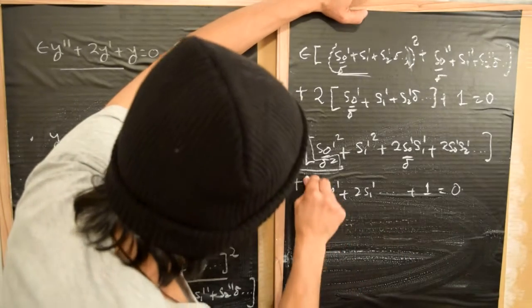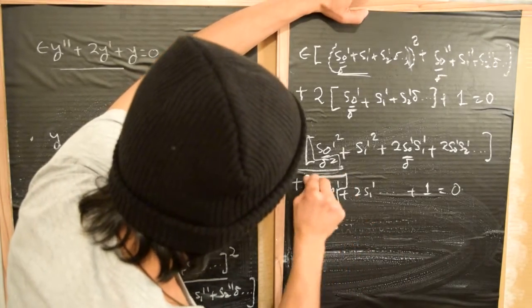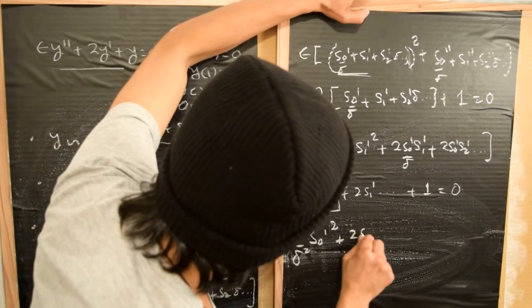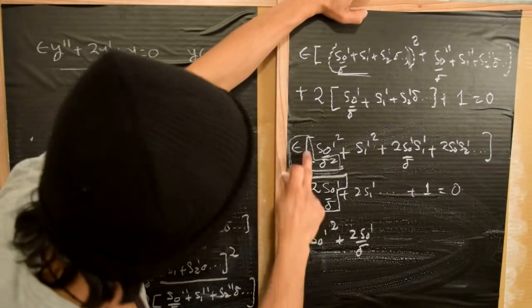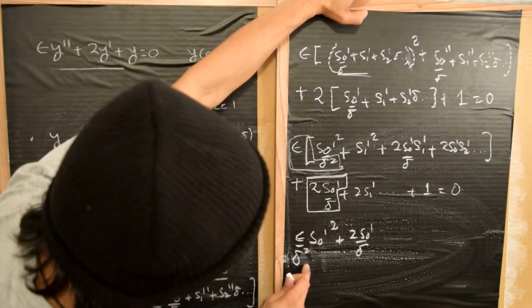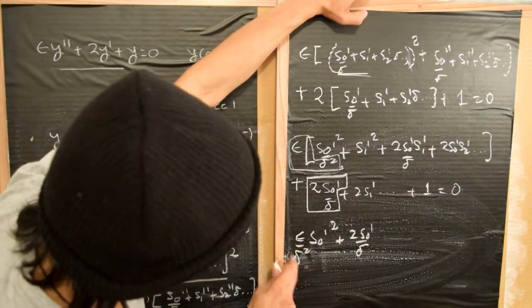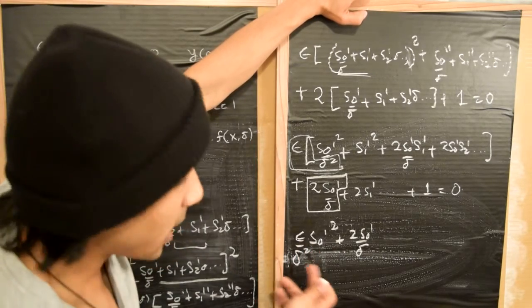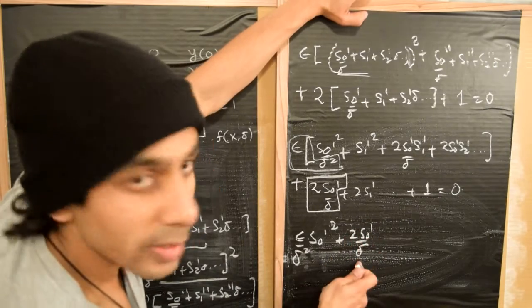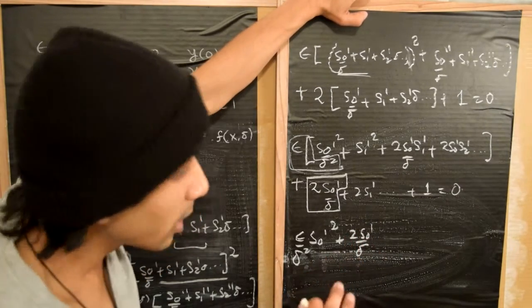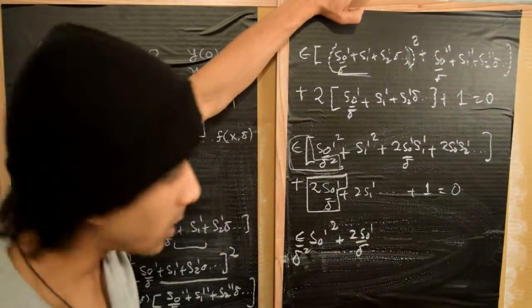So the other term is this 2 s naught prime divided by delta, right? So both these terms have something in the denominator. For instance, epsilon divided by delta square, if delta was a linear function of epsilon, this will be 1 divided by epsilon, and this will also be 1 divided by epsilon. So again, these two seem to be the terms that will dominate.